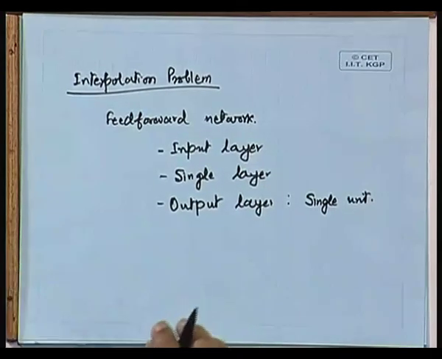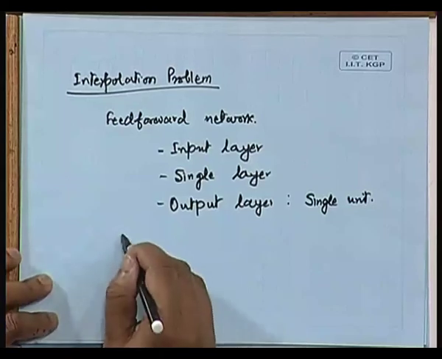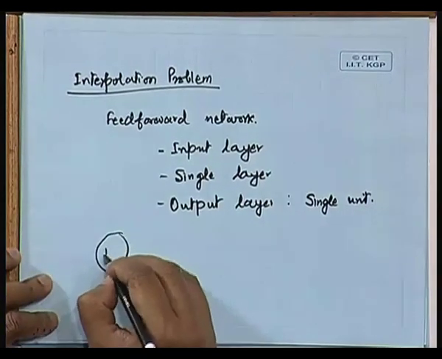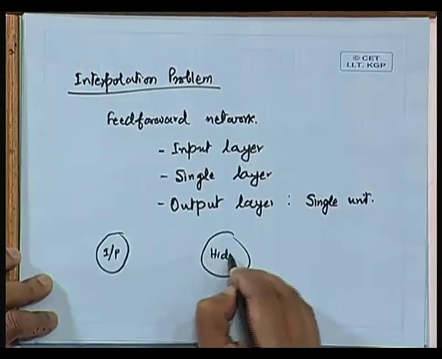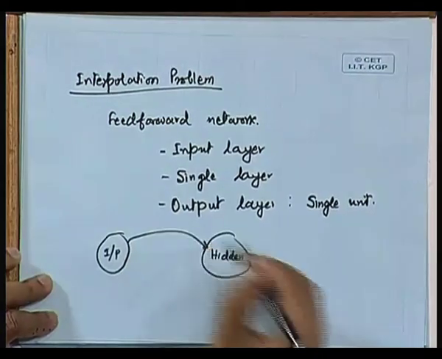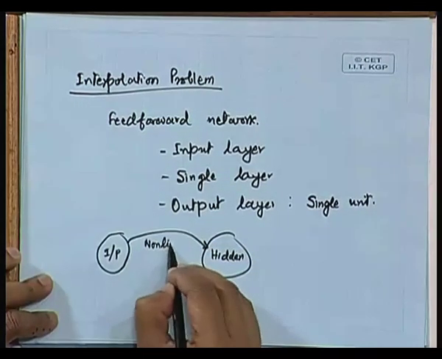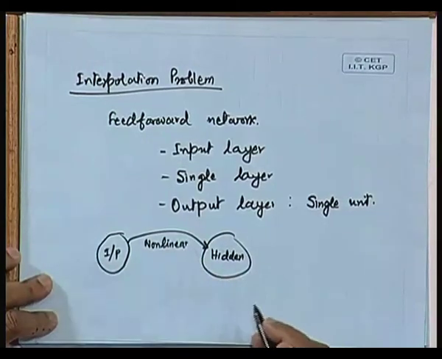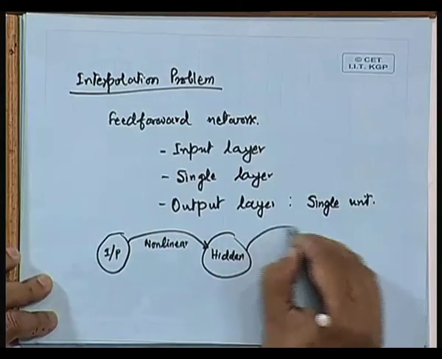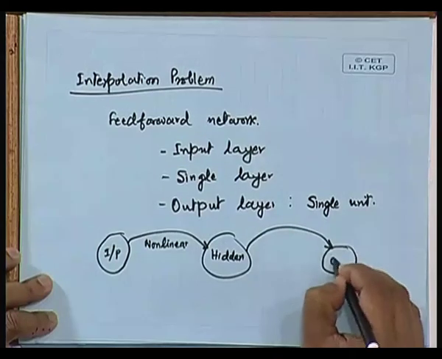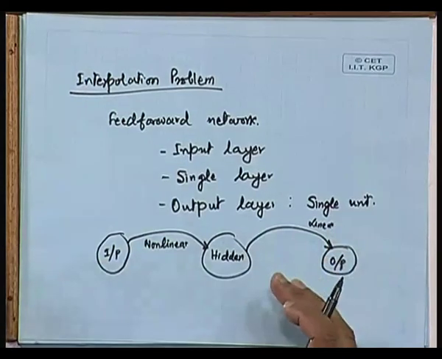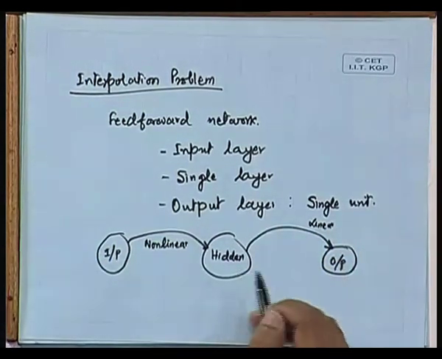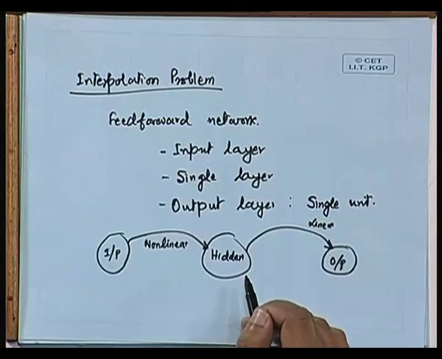So, essentially what this network is going to do is that from the input space, okay, it is getting mapped non-linearly into the hidden space. So, this is a non-linear mapping from the input space to the hidden space, and then from the hidden space to the output space there is going to be a linear mapping. Okay. So, in the output we will be combining the outputs of the phi's, phi 1, phi 2, phi 3, phi 4, whatever we get.